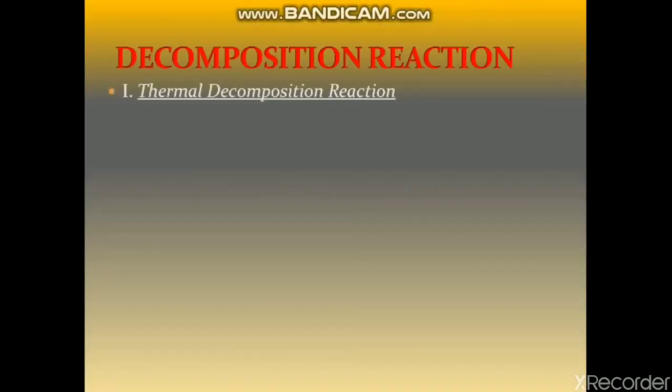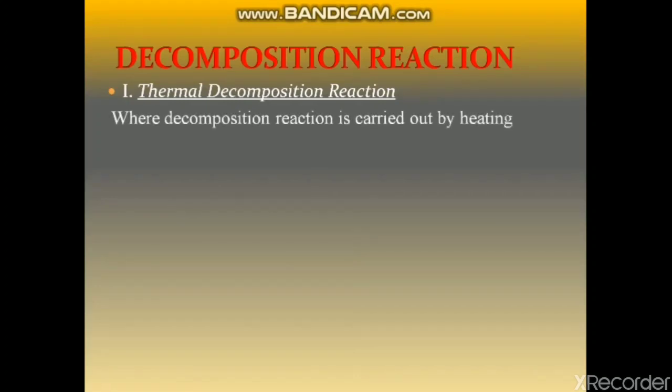First is thermal decomposition reaction. What is thermal decomposition? We know that thermal means by heat. So decomposition carried out by heat is known as thermal decomposition reaction. The example here is CaCO3, calcium carbonate, which is a solid.